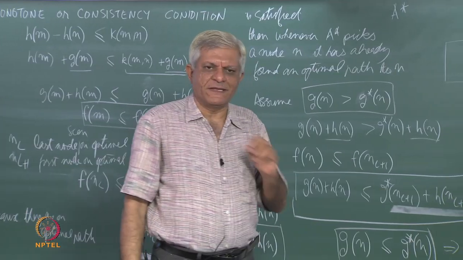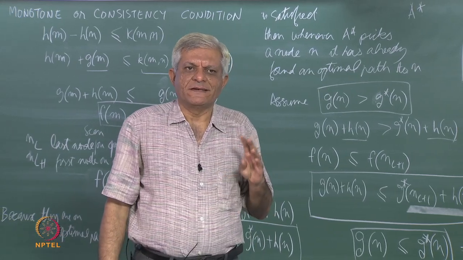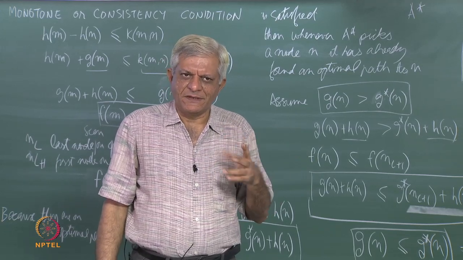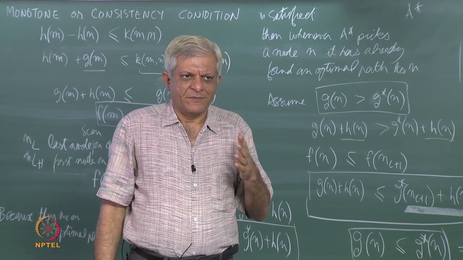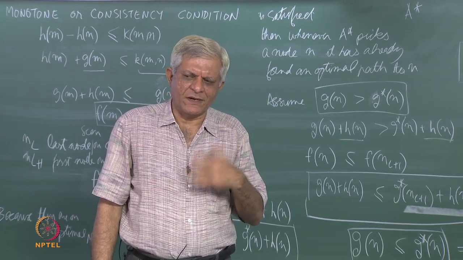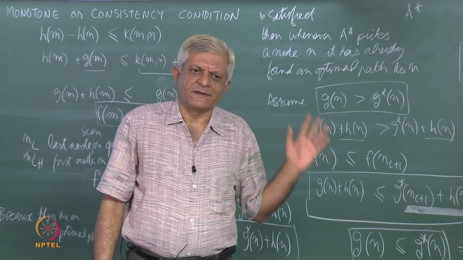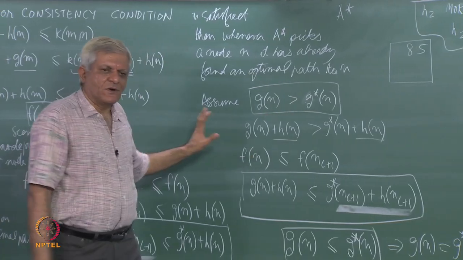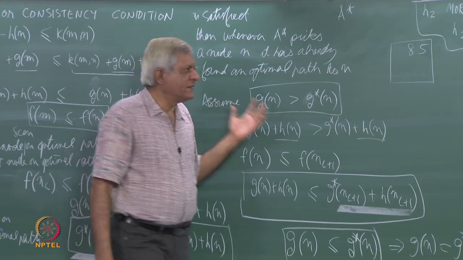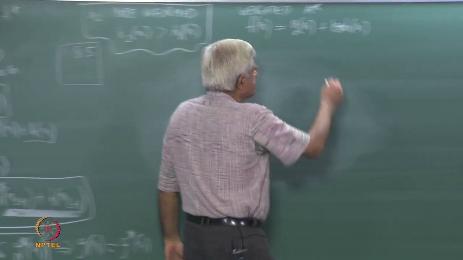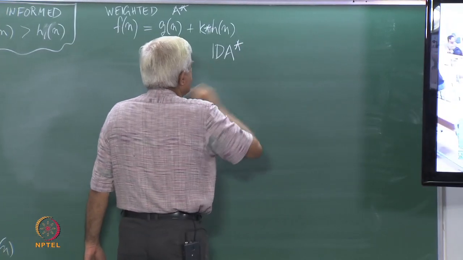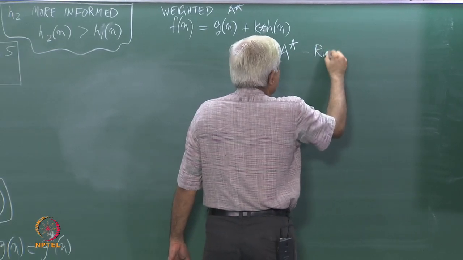Now, if you remember the algorithm DFID, what DFID does is that it does a sequence of depth first searches with increasing depth bound, but there we had a notion of a level, because we had no costs associated with edges. So, all edges were supposed to be of equal cost, but since we have graduated to edge costs and we have looked at algorithms like branch and bound and so on, we need a variation of that, and that variation is called IDA star. It was given by a guy called Richard Korf.